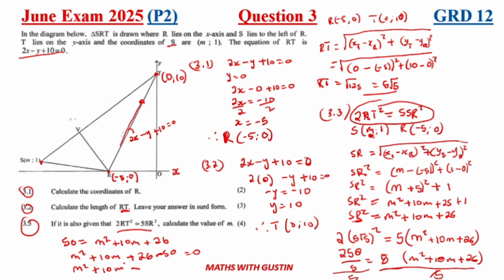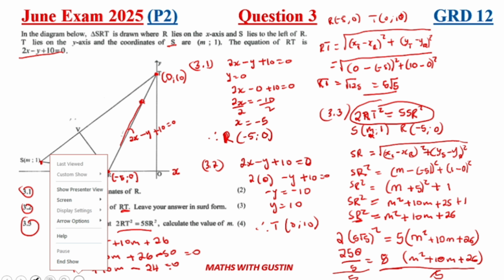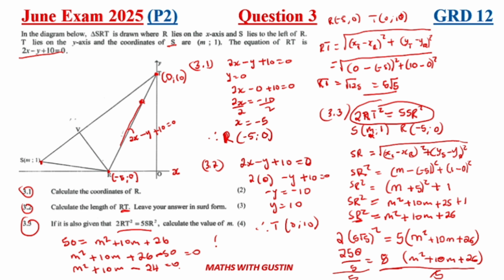So M squared plus 10M minus 24 is equal to 0. Our factors will have to be M and M, and then plus 12 and minus 2. So M is equal to negative 12 or M is equal to 2.